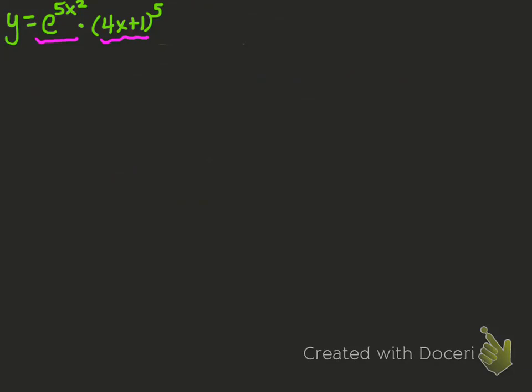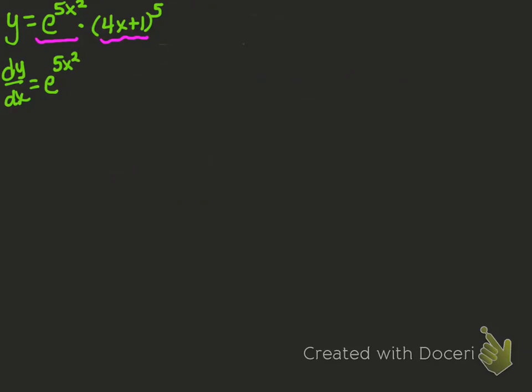So e to the 5x squared would be my f, and 4x plus 1 to the 5th would be my g, but each of those is a composite of two functions. So let's see what this derivative would look like. dy dx, if I'm doing product rule, I'm going to start out with f times g prime.